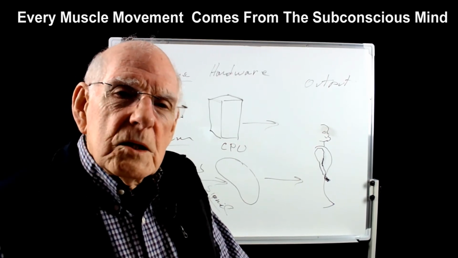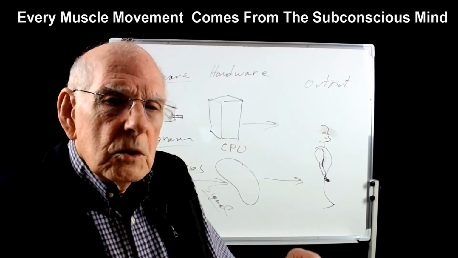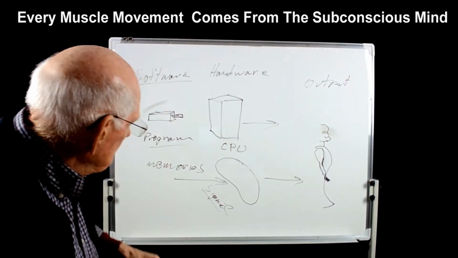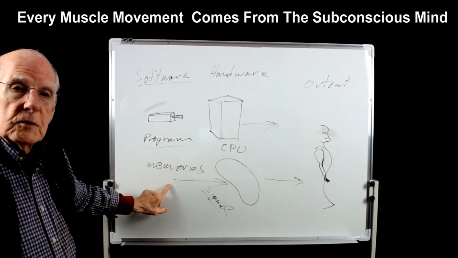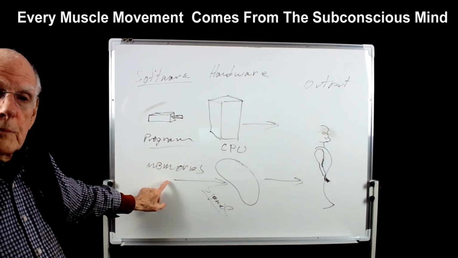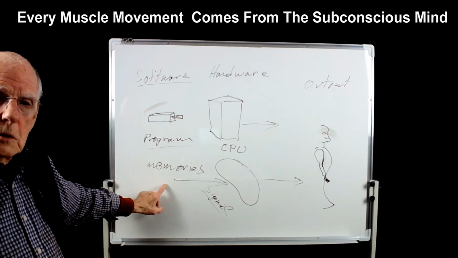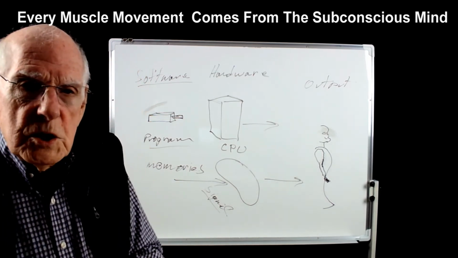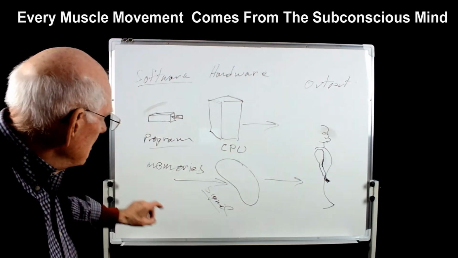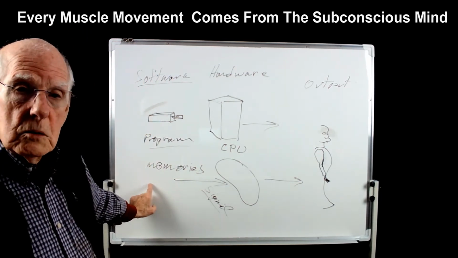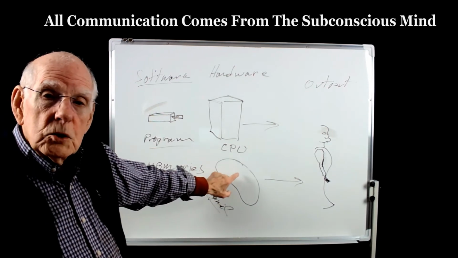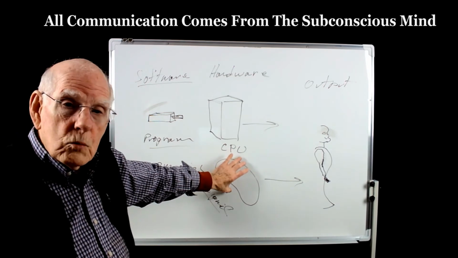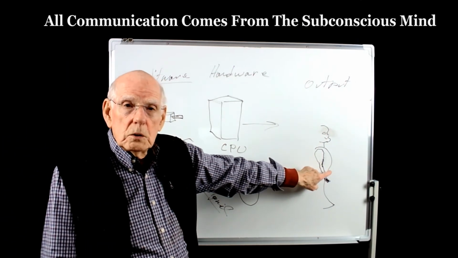The body is a direct reflection of the signals from the subconscious mind where your memories are stored. Every nuance in the body comes from the subconscious mind as a signal to the CPU. Software, hardware, output.